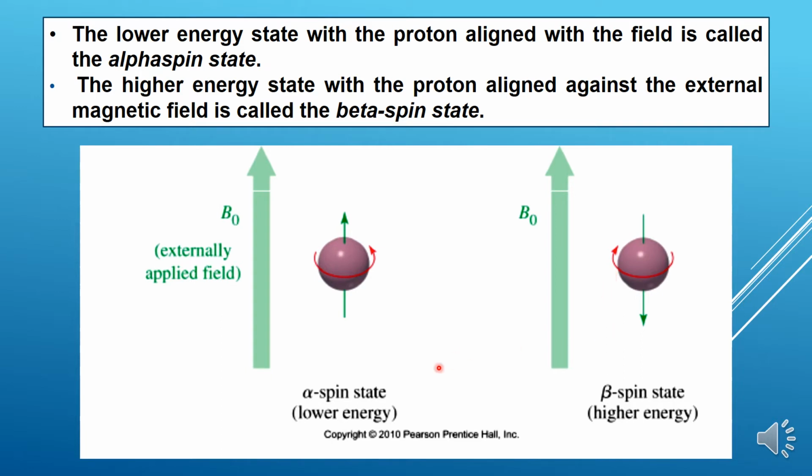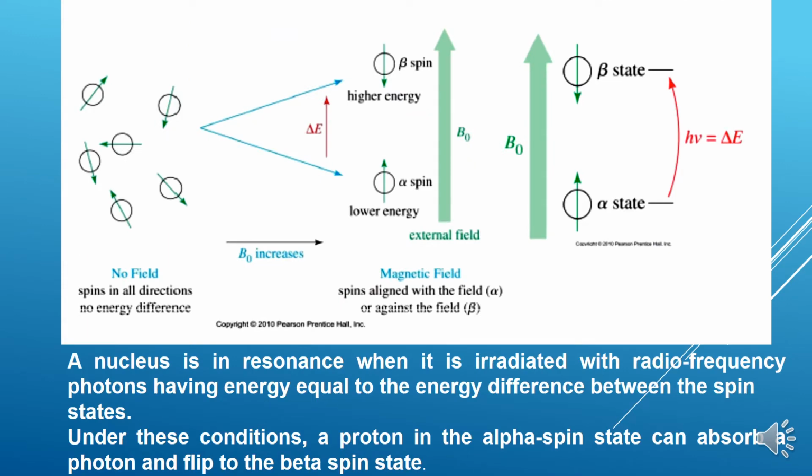This one is the alpha state and this one is the beta state. Alpha states usually have a lower energy level. Alpha states are collectively considered lower energy states. Beta is the higher energy state.